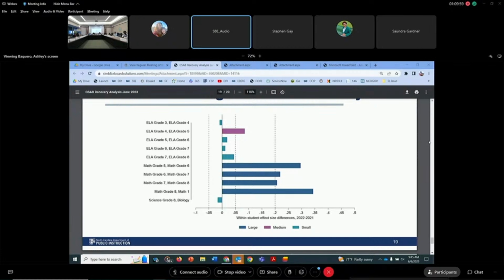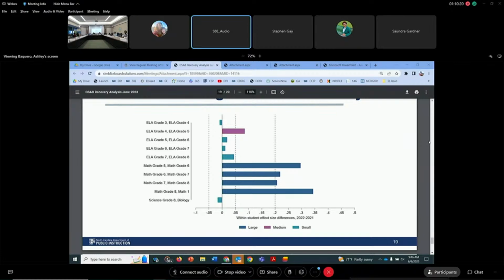Yes, ma'am. You mentioned that the data would be actionable. What data will we get at the school level that will allow us to make decisions? Yep, and Kaylin will correct me if I get this wrong, but all of the data that you see here is pushed out at the school level through the secure EVOS portal.